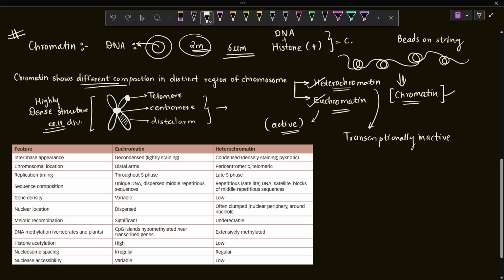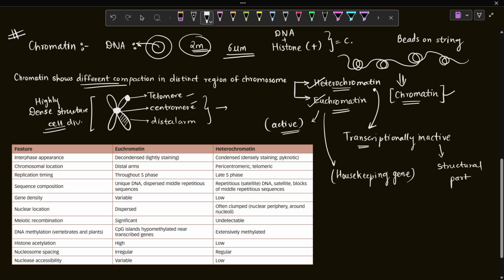The euchromatin consists of housekeeping genes, which are always needed by the cell, like ribosomal genes. And heterochromatin consists of the telomere and centromere, which are kind of structural parts, which are not needed, we don't require the transcription of that part. That part consists in heterochromatin.